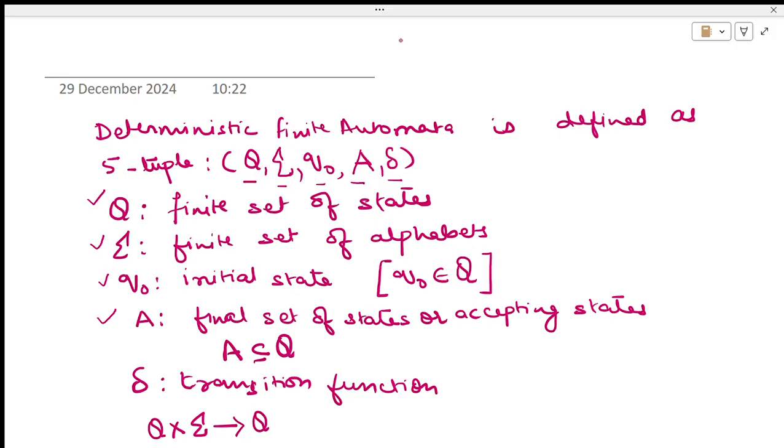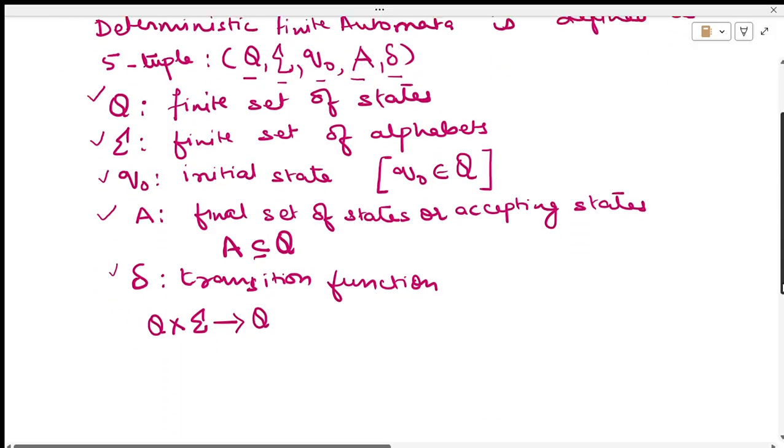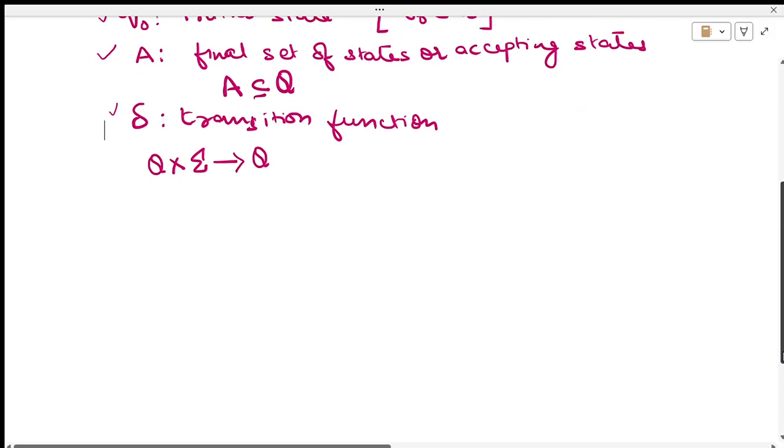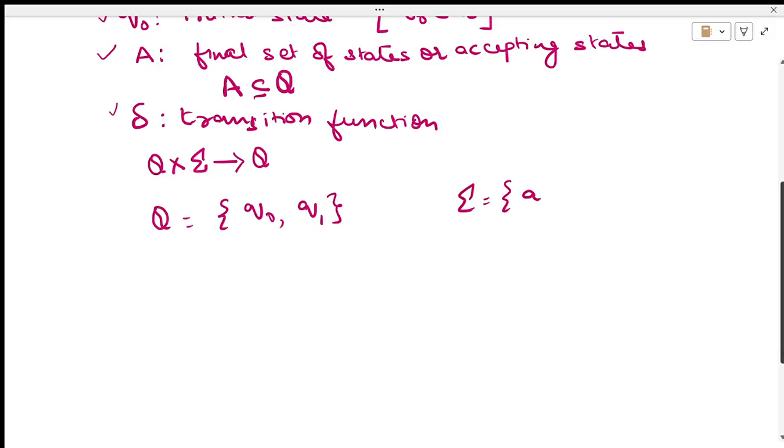Then we have this transition function. The transition function is defined as Q cross sigma to Q. I'll explain this. Suppose we have some automata with two states, Q naught and Q1, and sigma has two symbols, A and B. So what will be the elements of Q cross sigma?